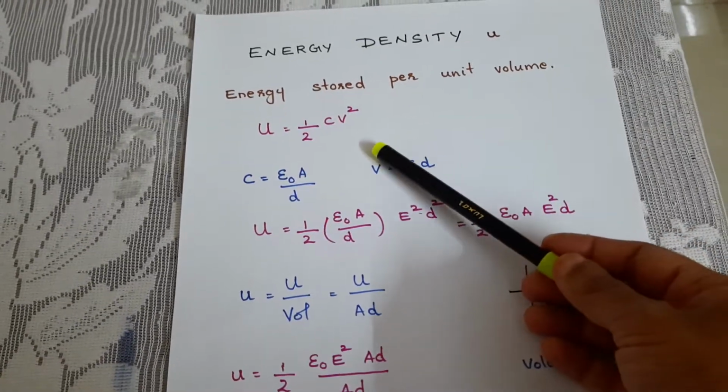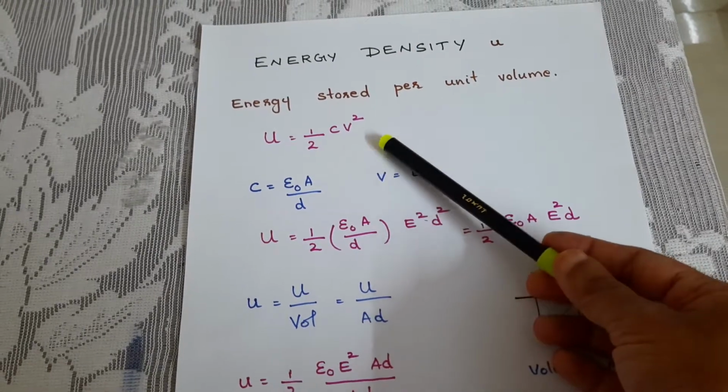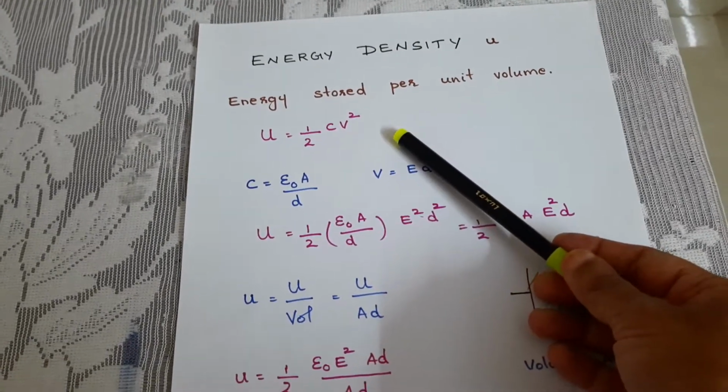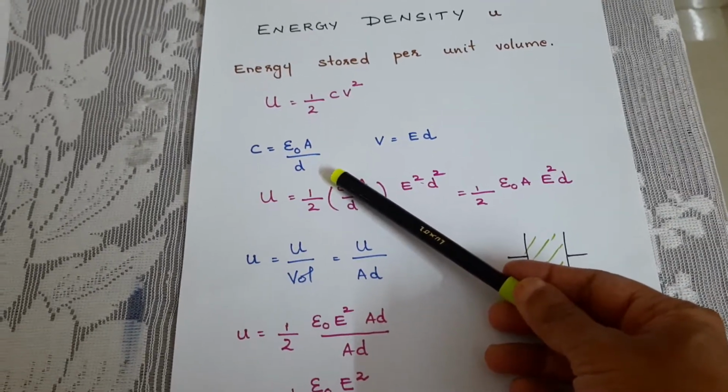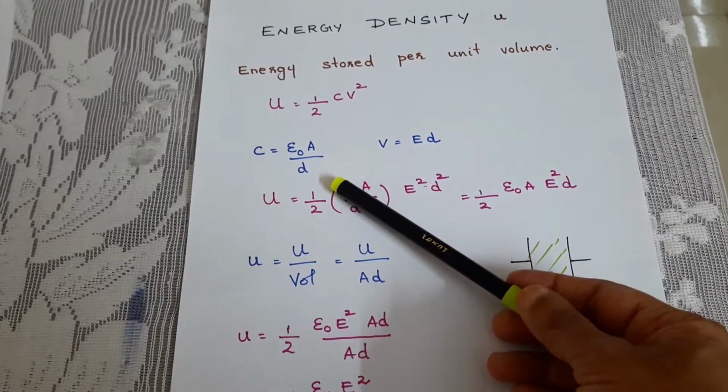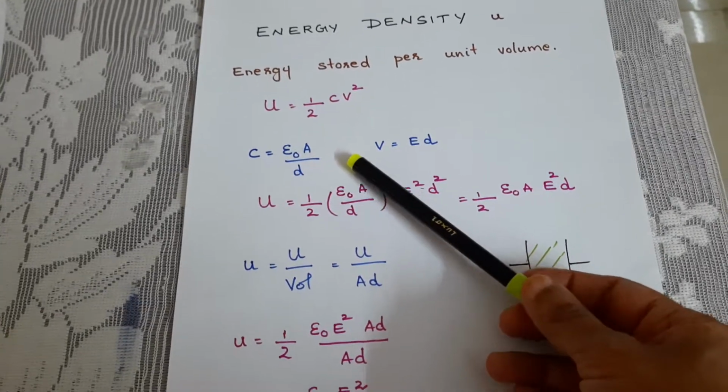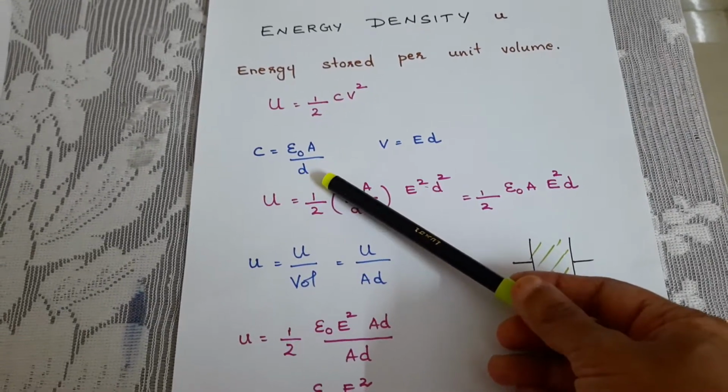The total energy stored in a capacitor U is equal to half CV^2. For a parallel plate capacitor, C is equal to epsilon 0 A by D, where A is the plate area and D is the plate separation.